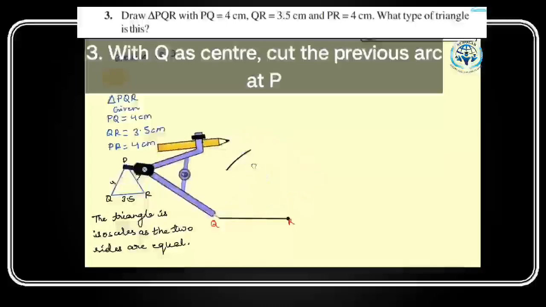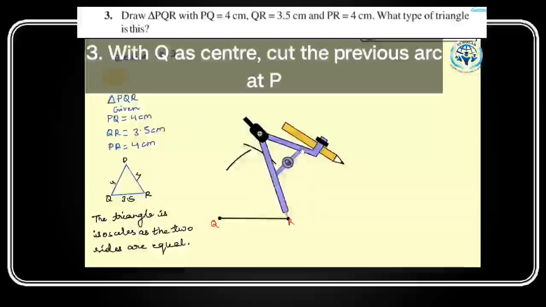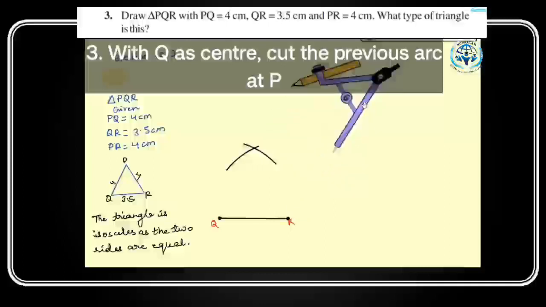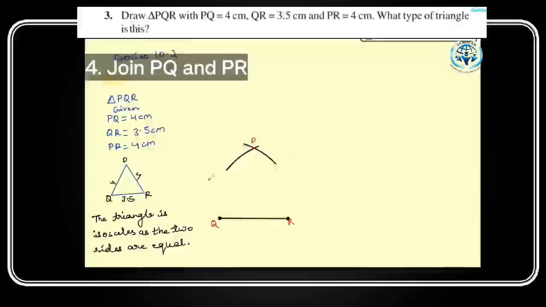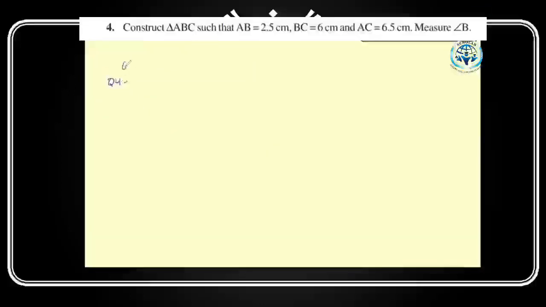With the same radius, cut this arc and get the point of intersection. If the arcs are not complete, you can extend the arcs like this. So you will get the point of intersection P. Line was QR. So now we will join PQ and PR. QR measure 3.5, PQ is 4 cm, PR is 4 cm. The triangle is complete. Two sides are equal.